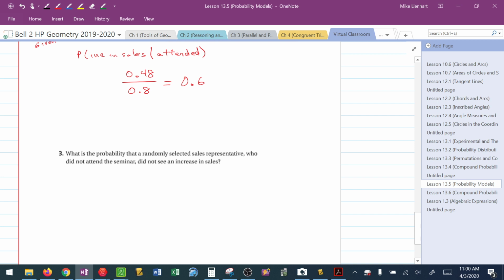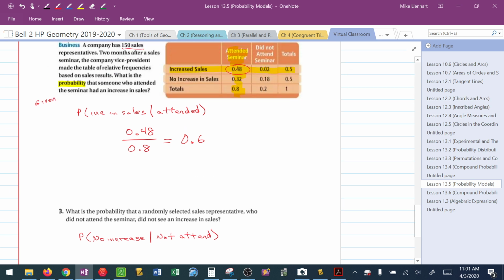All right, try one more here. What's the probability the randomly selected sales representative who did not attend the seminar did not see an increase in sales? All right, this is another conditional probability. So I've got the probability that they saw no increase given that they did not attend. All right, no increase, did not attend.